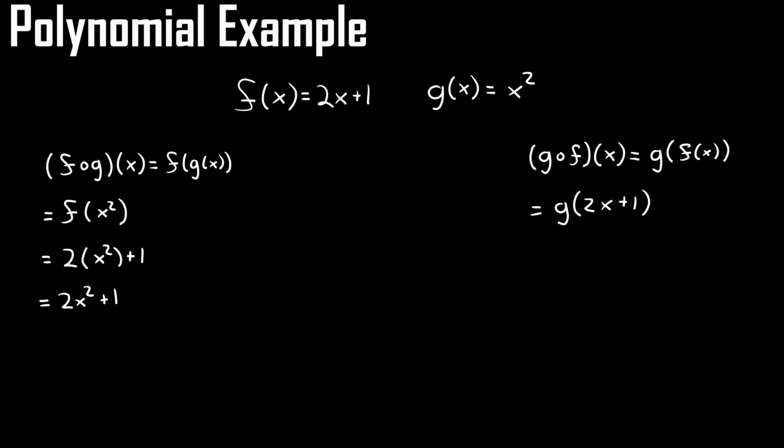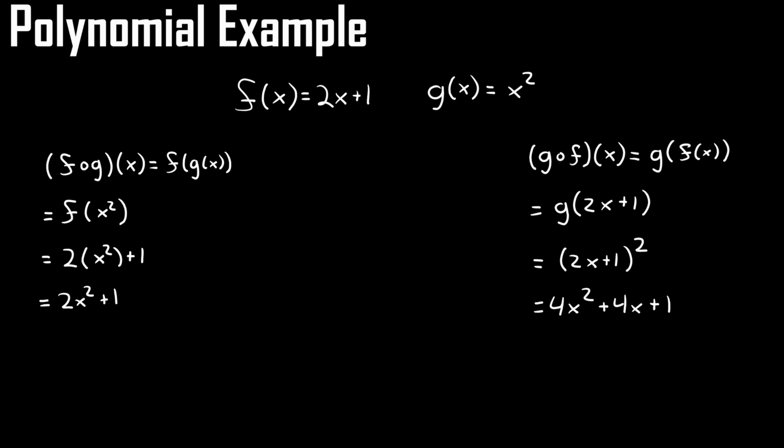Then plugging in 2x plus 1 into g of x, we'll get 2x plus 1 squared. And this simplifies to 4x squared plus 4x plus 1.